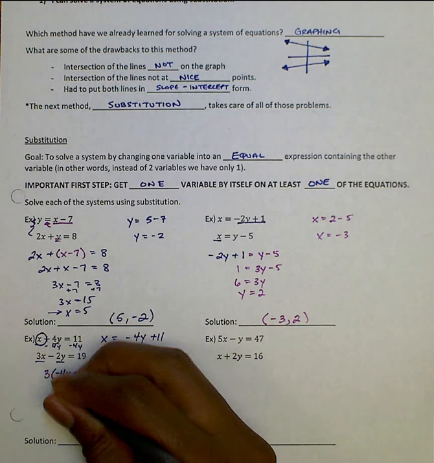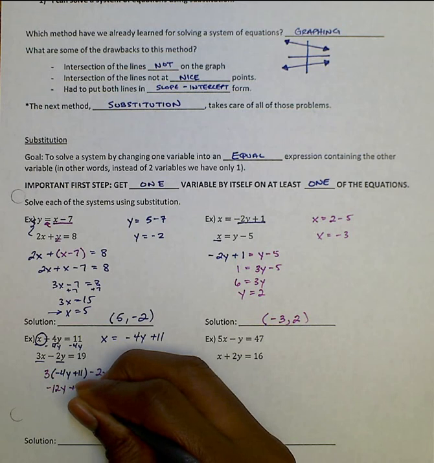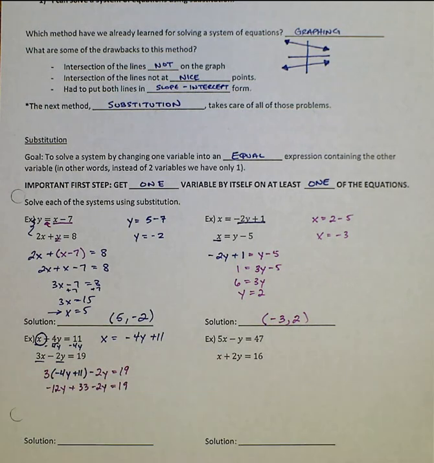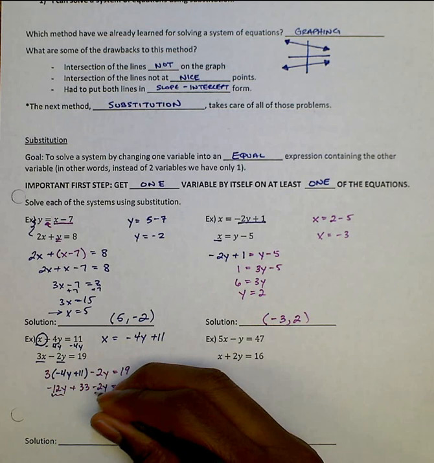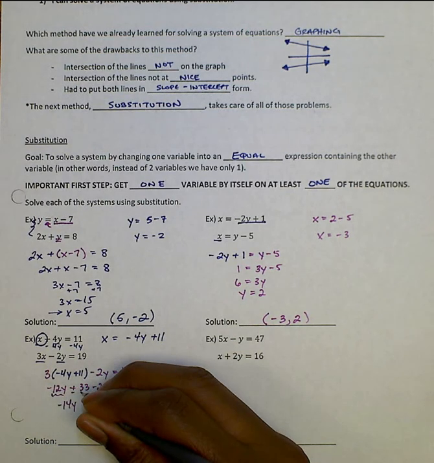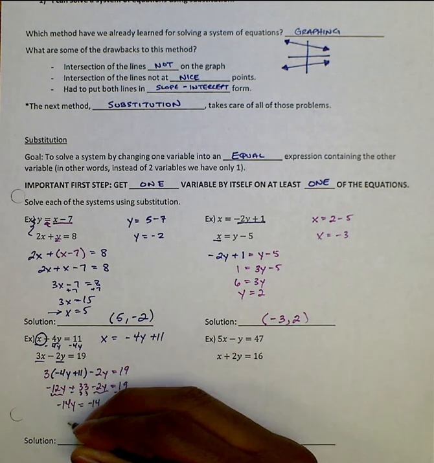So I get negative 12y plus 33 minus 2y equals 19. I'll combine my terms here: negative 14y, subtract 33 from both sides, and that gives me equals negative 14. And so y will be 1.